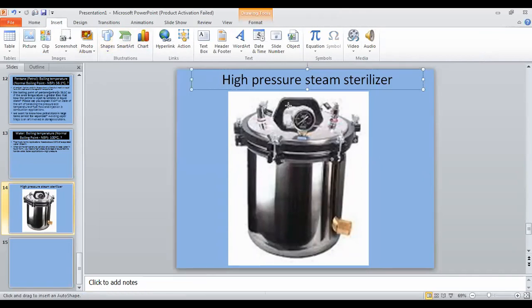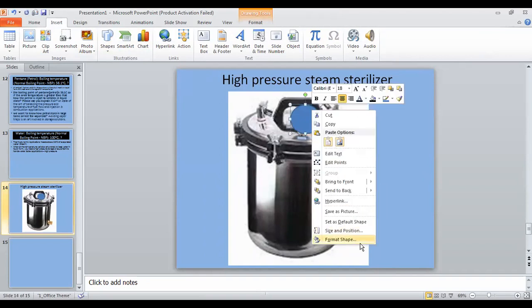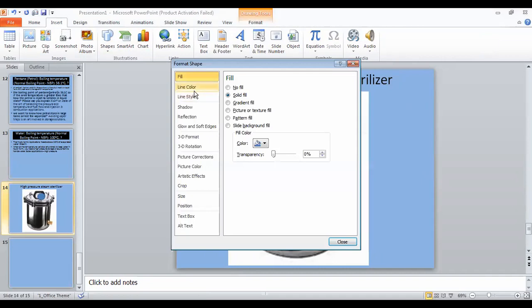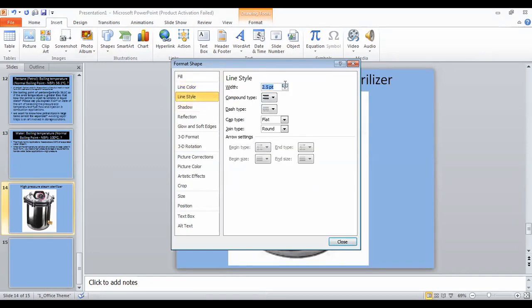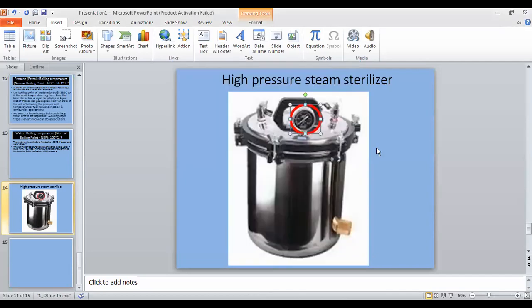So those who are working on food processing applications, you may know better about this. This red circled one is the pressure gauge.